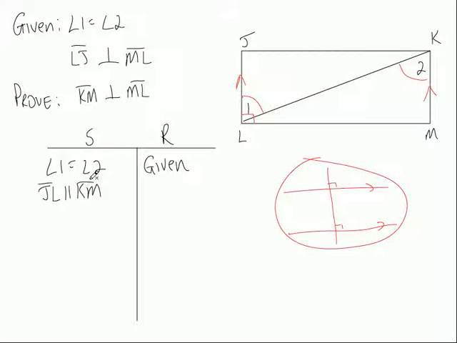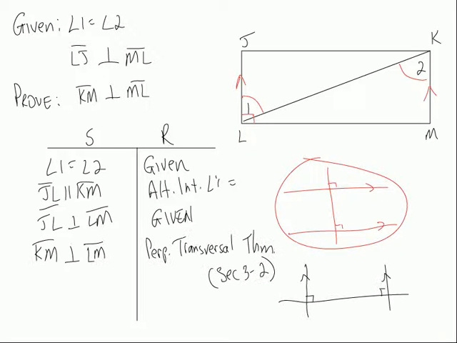The reason is that 1 and 2 are equal to each other, and why? Alternate interior angles are congruent, or equal. I've got to do this quick, sorry. So JL is also perpendicular to LM. How do we know that? Because it's given. I'm going to write it all out and then just flash it on real quick because I'm running out of time. Okay, there's your proof, and I'm going to give you a little worksheet to work on tonight for extra practice.